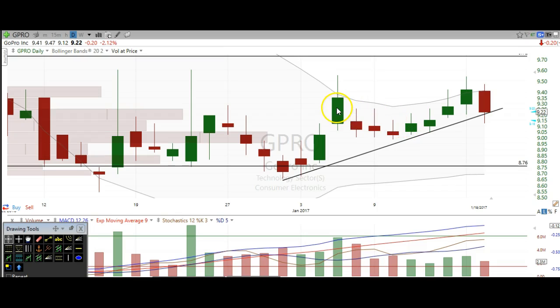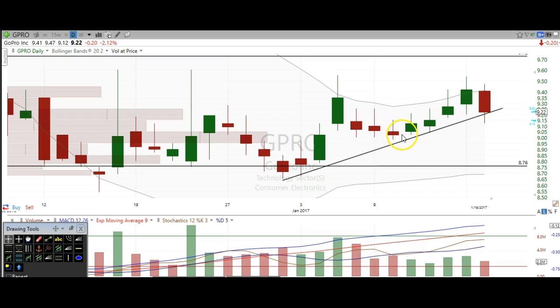fractal day. You can see that we're trending down here, and a fractal day is a 3-day pattern. So we've got this day, and then this second day, in order to be a fractal, needs to have a lower high and a lower low compared to the previous day.